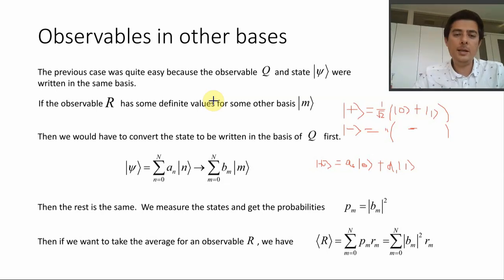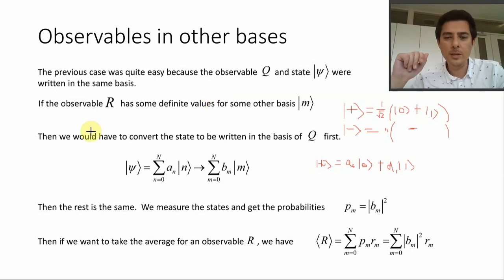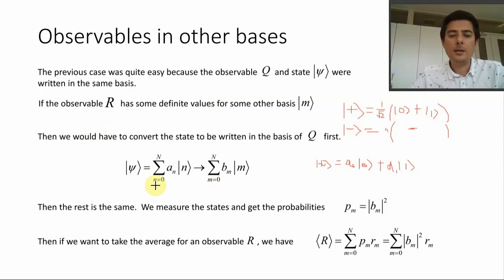Okay, so in this case, we have to modify our procedure a little bit because the basis is different, but more or less conceptually it's the same. So what we do is we first have our state written in terms of, say, the 0, 1 basis, whatever our original basis is.